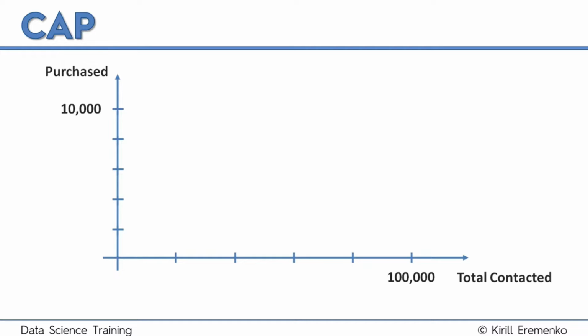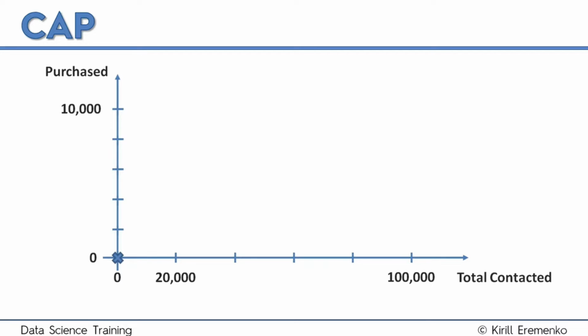And so what we're going to do is we've got an offer that we want to send, and we want to see how many customers are going to purchase our product if we send it off. So if we send it to 0 customers, obviously we'll get 0 responses, right? What do you think will happen if we send it to 20,000 customers? How many do you think will respond?